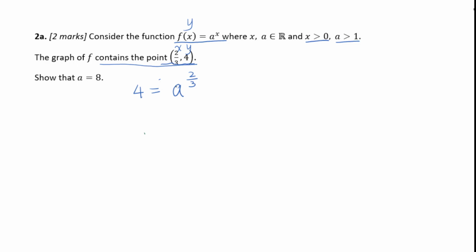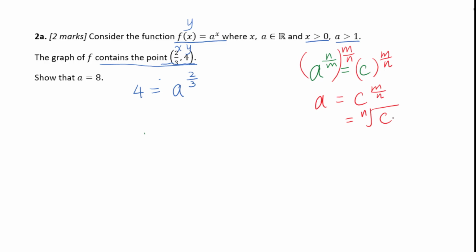How to get this a? If I have a to the n over m's power equals c, we will do power of a power, m over n. So we have a equals c to the m over n's power, which is the nth root of c to the m's power.